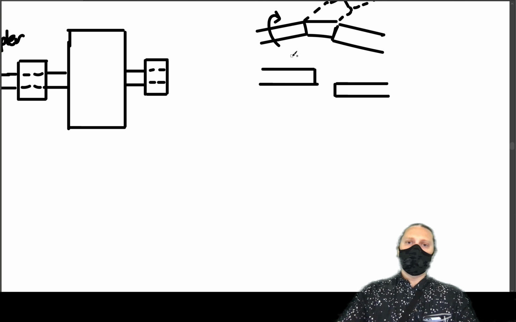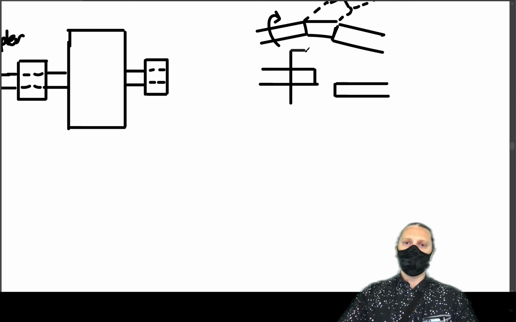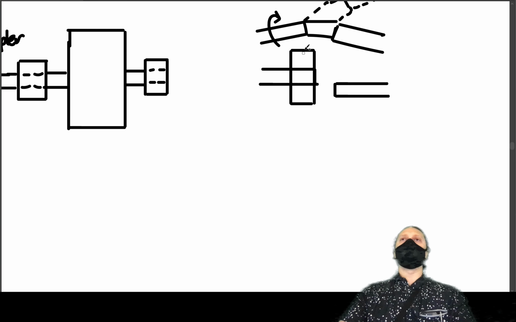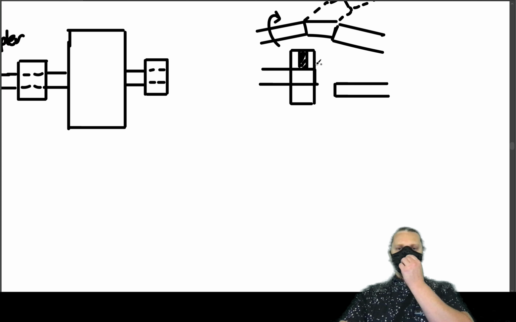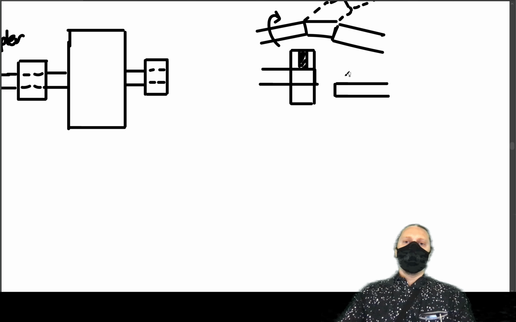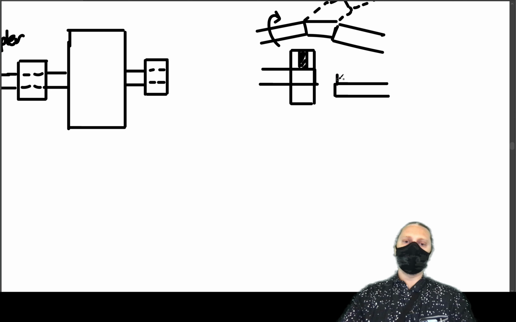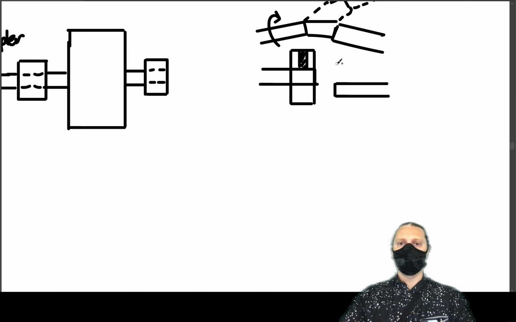It's got a solid piece on this end that fits onto this shaft, and it's got a set screw, usually, not always, that connects it to this shaft. And it's got a solid piece on this side, too, that connects to this shaft, with a set screw or something.